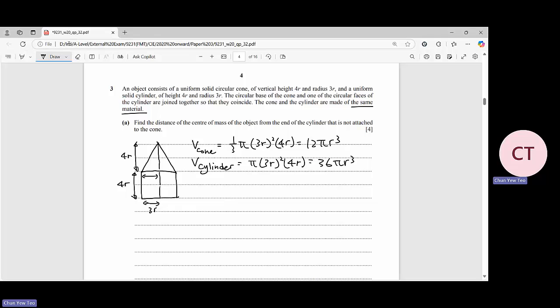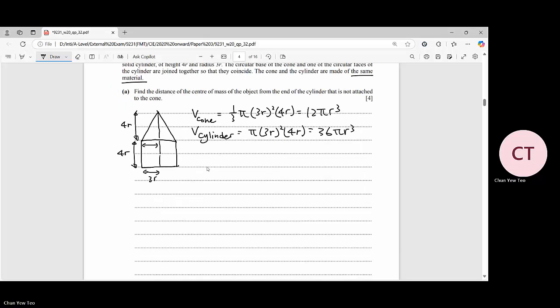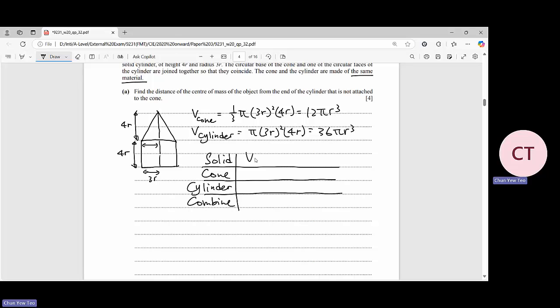Okay, so now we can build the table. We have the cone, we have the cylinder, we have the combined object.